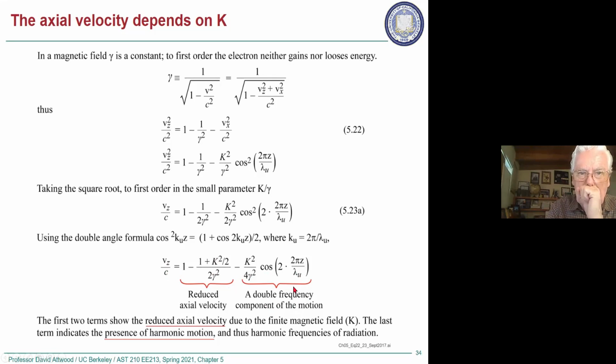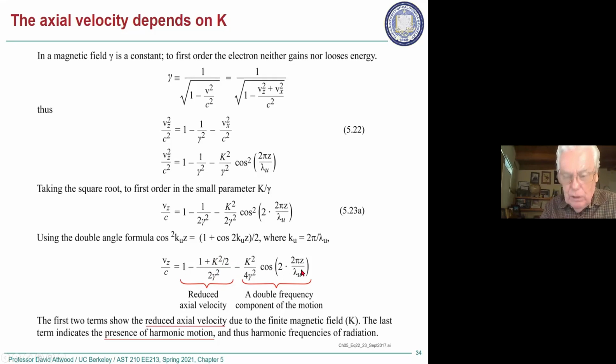By the way, in a moment we're going to do an average over a cycle, or over n cycles, and the oscillating term will go out. This is where we're going to see that on average there's a slowing down because of K, the magnetic field, and this will give us a new definition of a gamma equivalent.